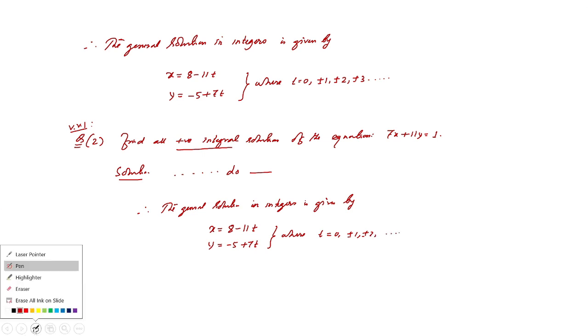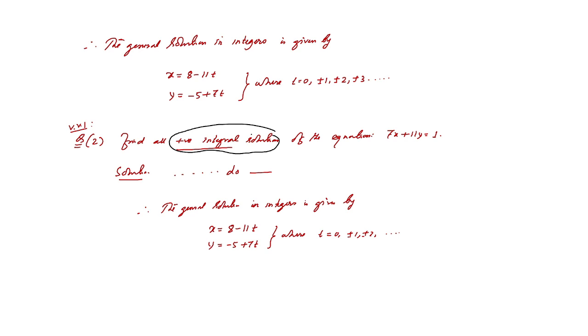Now in our question it has been asked the positive integral solution. So what we will do for positive integral solution, x is obviously greater than 0 and y is obviously greater than 0.